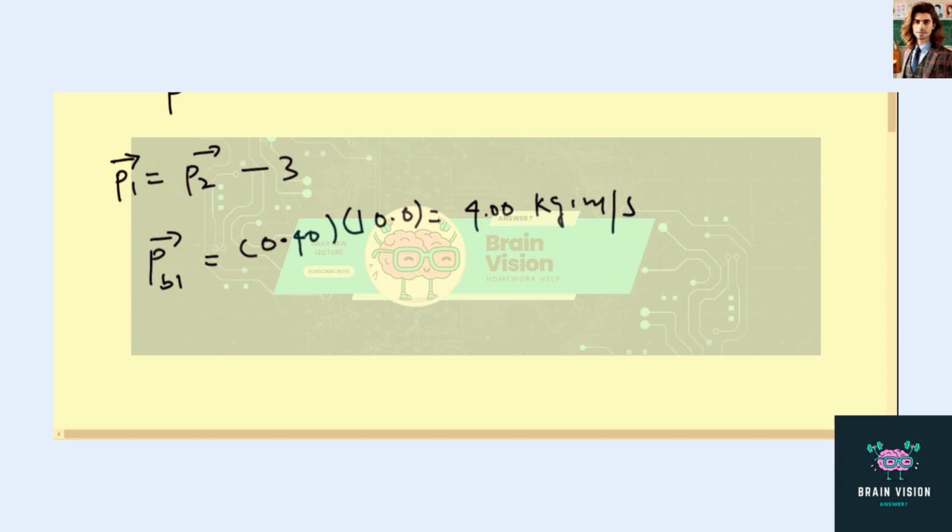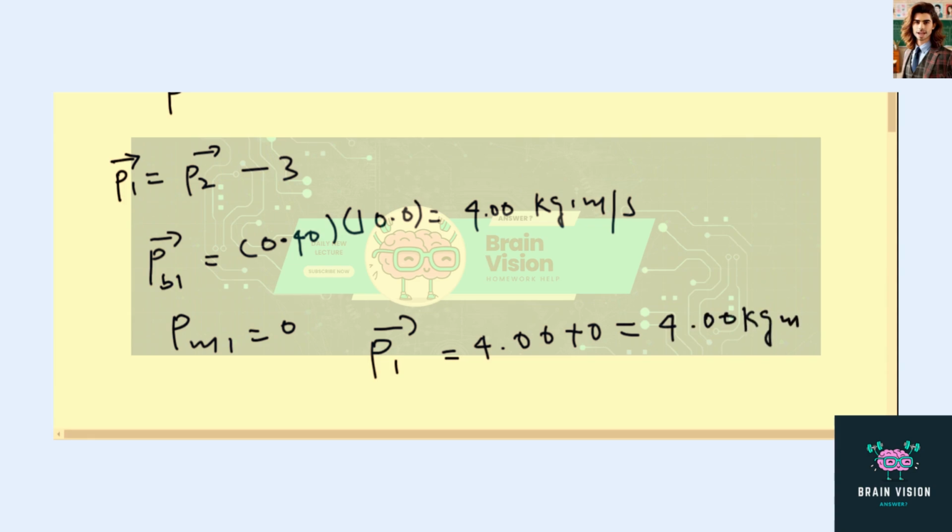Since I was initially at rest, my momentum is equal to 0, and the total momentum of the system before any action is P1 is equal to 4.00 plus 0, that is equal to 4.00 kilogram meter per second.